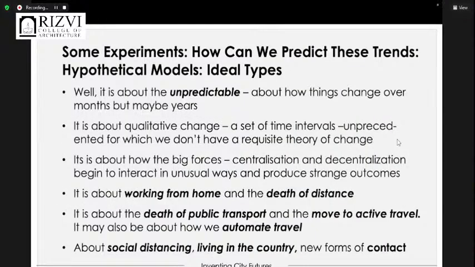Okay, right, some experiments. What can we do to predict these trends? What we've been doing in our group in London is building some hypothetical models of how we can think about the future of cities.